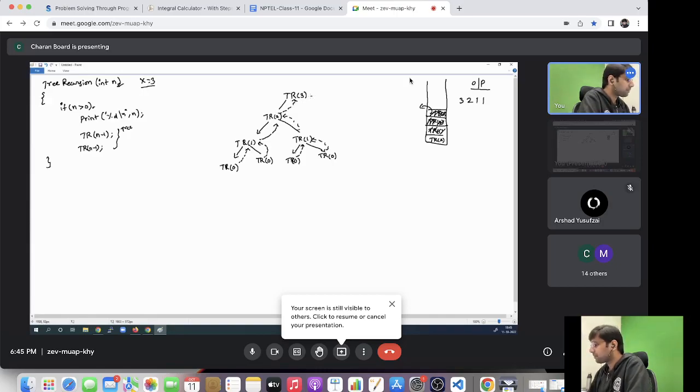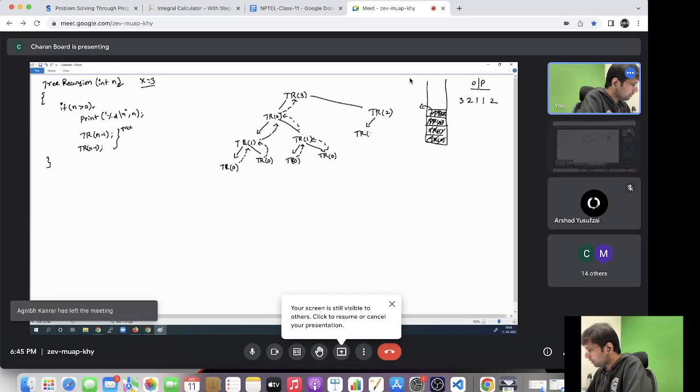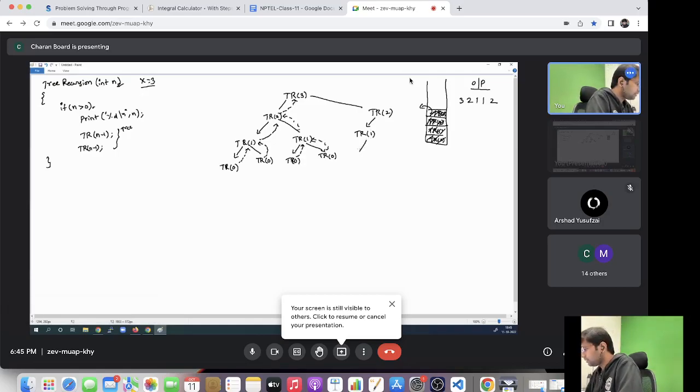So the TR3 has one TR2, so it will pop out the TR2 here, and see the TR2 is same here. So again it will try to print 2, and then it will say TR1, and again TR1 means again it will print.